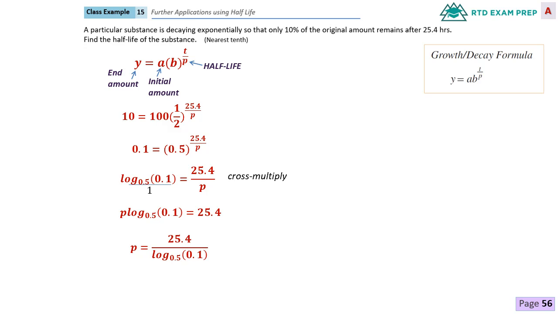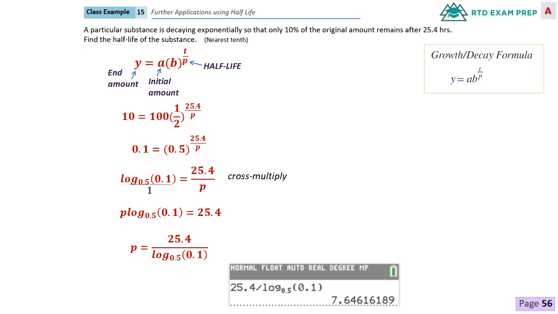If we think of a cross multiplication here, we can see that by multiplying both sides by p, we end up with a coefficient of p on the left side, and then in order to isolate that p, we divide both sides by the log base 0.5 of 0.1. This final value will be determined using our calculator, and we find that the half-life of the substance is 7.6 hours.